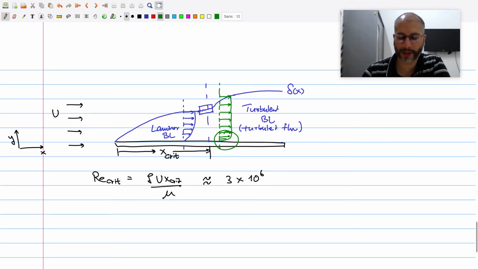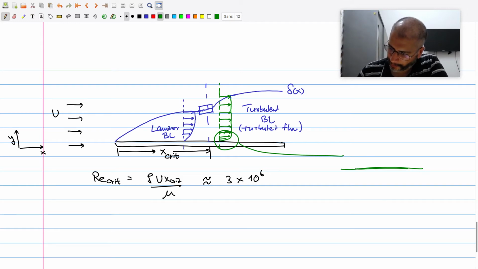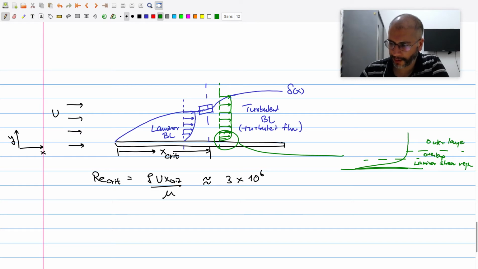In fact, as we discussed in the previous few lectures, if you zoom into it, then you have this region, which is the laminar shear region, and then you have the overlap layer, and then you have the outer layer.